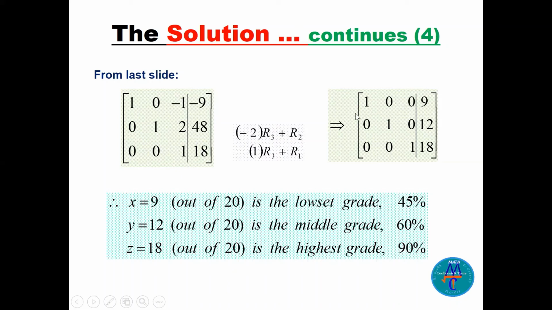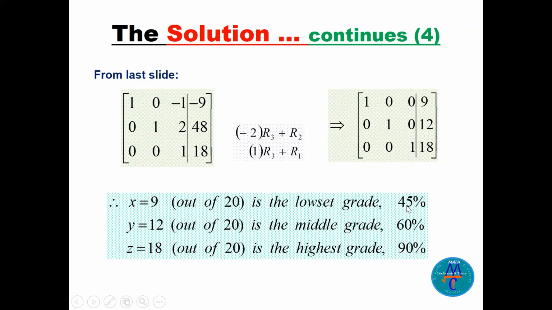Now look at this system here. X is equal to 9, Y is equal to 12, Z is equal to 18. This is out of 20. So the grade of the first student is 9 in the quiz out of 20. This is the lowest grade. To get it out of 100, we multiply by 5.